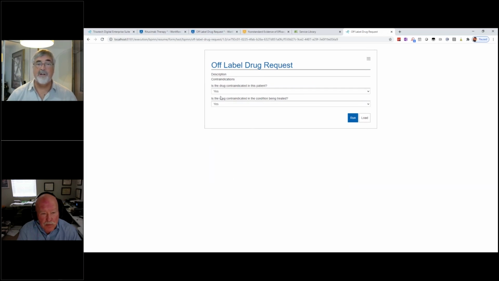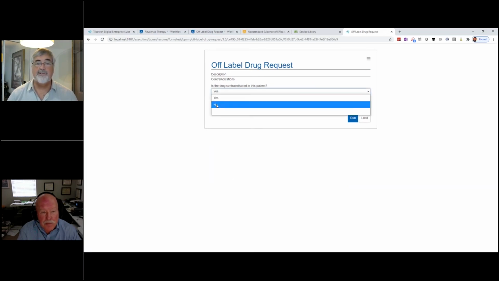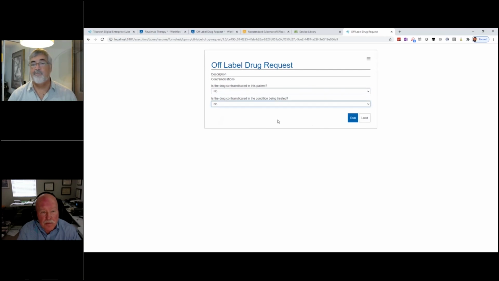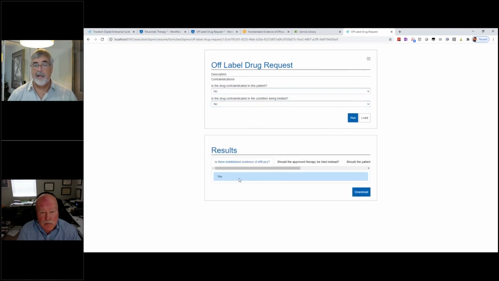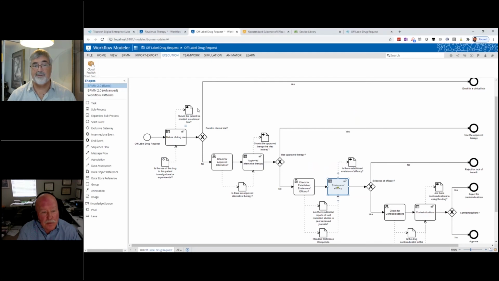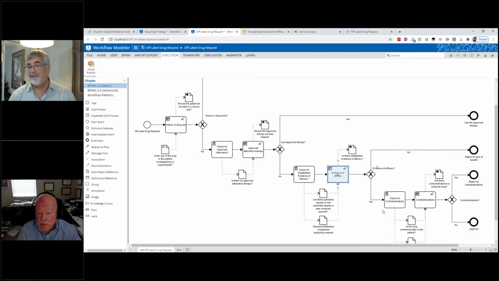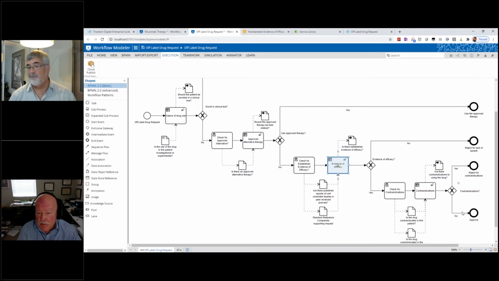So if I move to the contraindication, is there contraindication? If I say no to both questions here, then I end up in the end state of approved. Basically, I stepped through here, went down here, and finally moved into the approved end state.